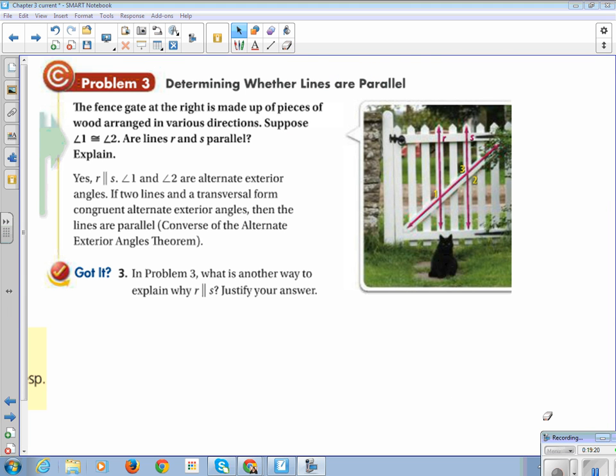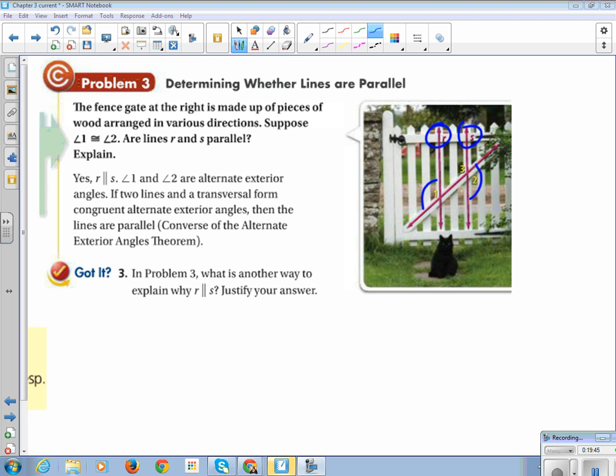All right, so here's problem 3. Determine whether lines are parallel. The fence gate at the right is made up of pieces of wood arranged in various directions. Suppose angle 1 is congruent to angle 2. Are lines R and S parallel? R is right here, S is right here. Explain.